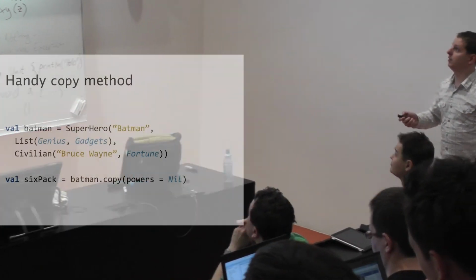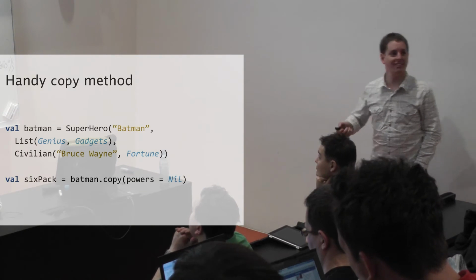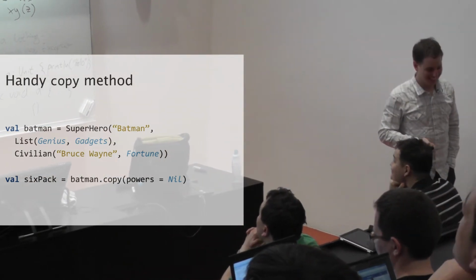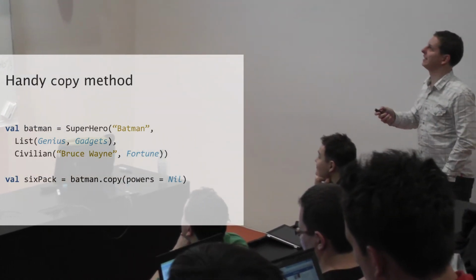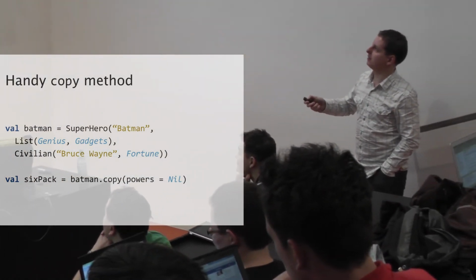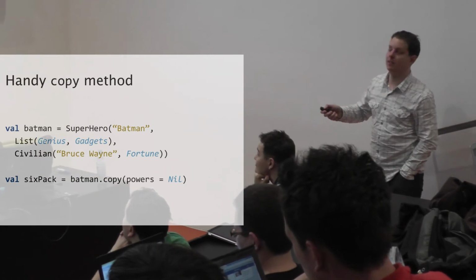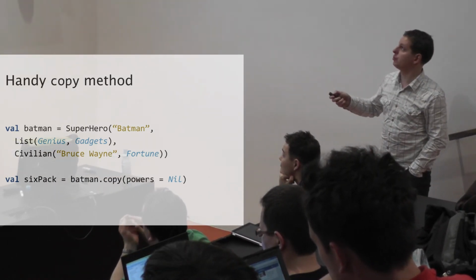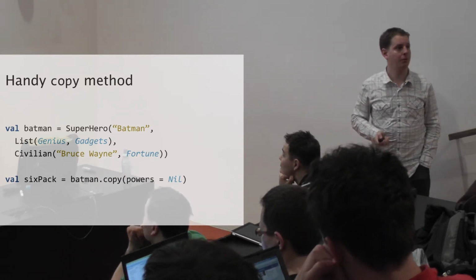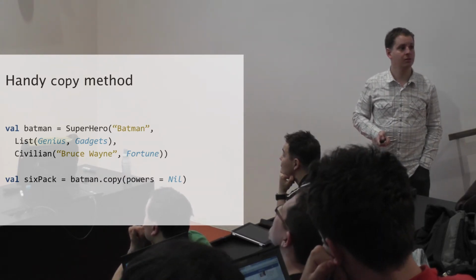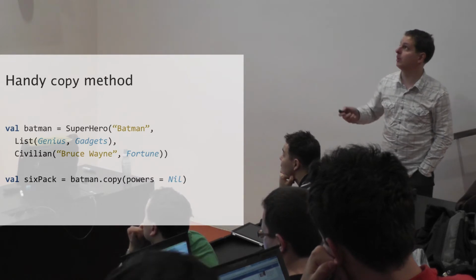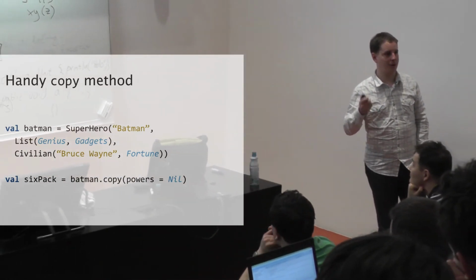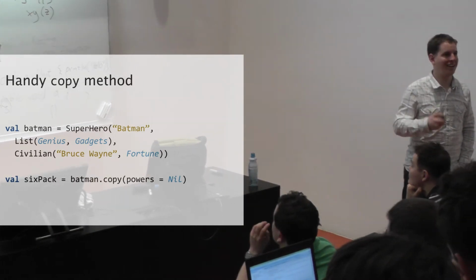Okay. You know, Sixpack is a very famous superhero in a Hitman series. I'm kidding. This copy method will create a copy of the case class object, and you may change one of the parameters. So this is again created for you. The superhero, the case class, has all of its parameters final, so you can't change it.